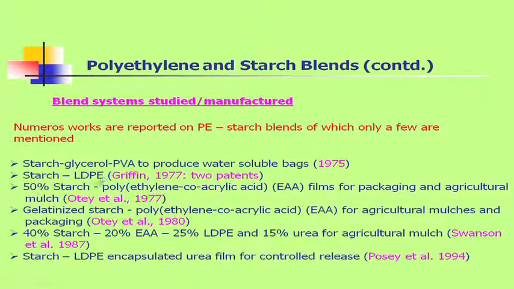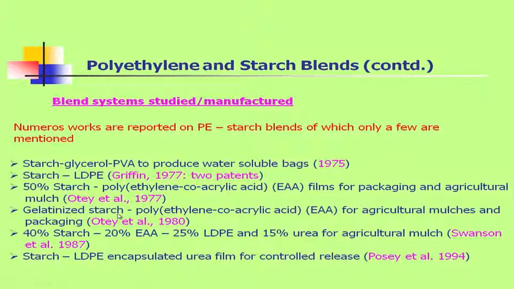Starch LDP blend has been produced and patents have been taken on this process technology. 50% starch with polyethylene coacrylic acid polymer, an acrylic acid ethylene copolymer with 50% starch, has also shown very good degradation properties, and that has been used for packaging and agricultural mulch film.